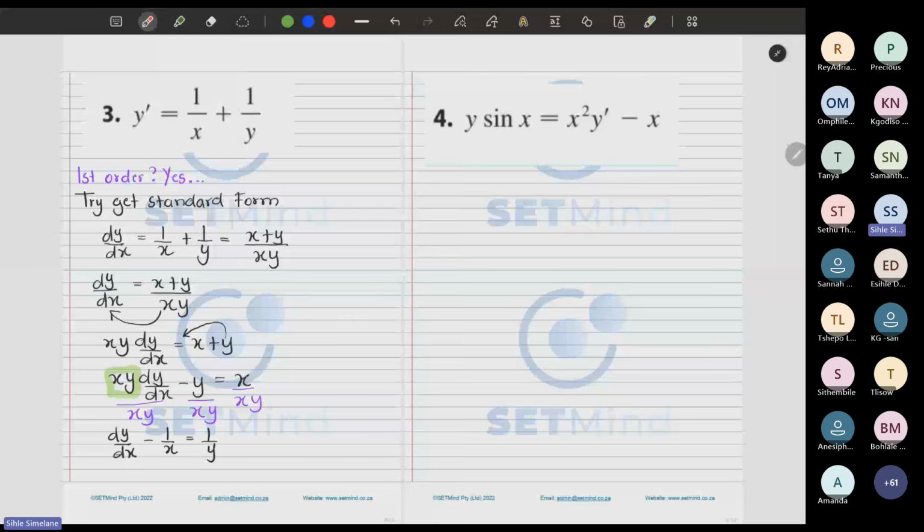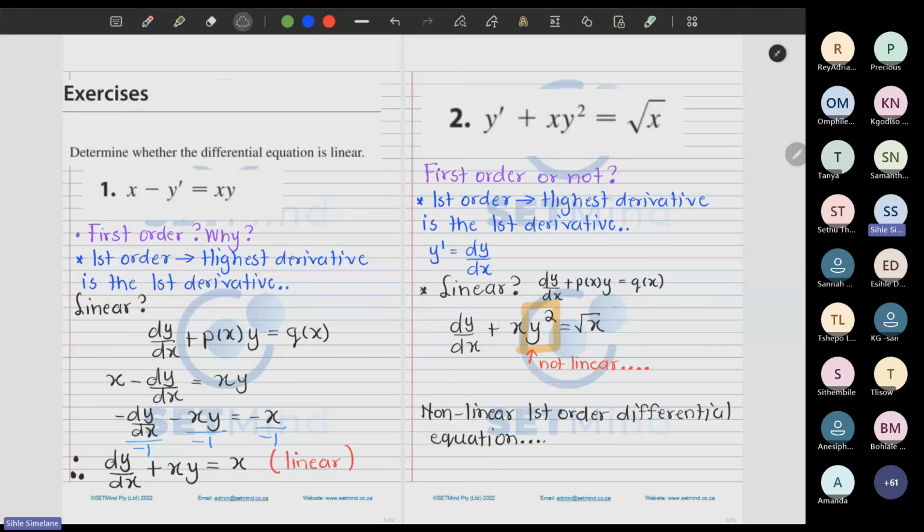Anyone, guys? No. It is not linear. So this, guys, here is not linear. And we'll get into later, as you get more complex problems, how you prove linearity. But we know our standard form, which is what we have here.